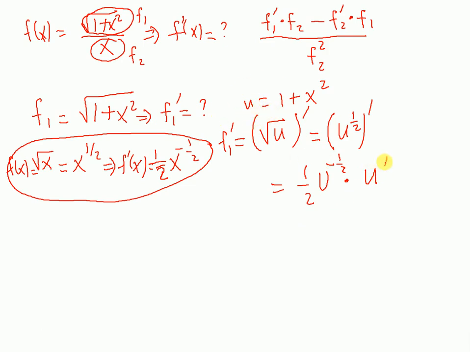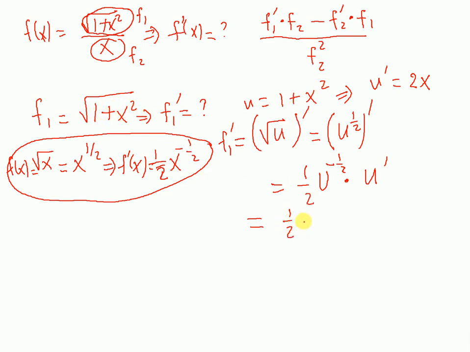Okay, so what is the derivative of u? We can find here u prime equals what? Constant 1 becomes 0. x squared: bring down the 2, subtract 1 from that, so you have 2x to the 1 power. Okay, so I have everything here. u, which is 1 plus x squared.